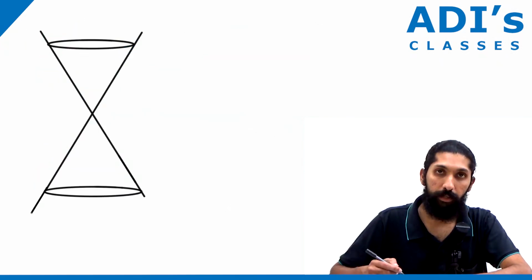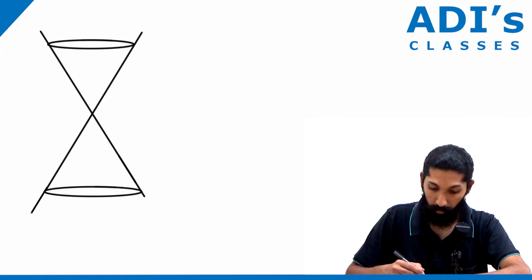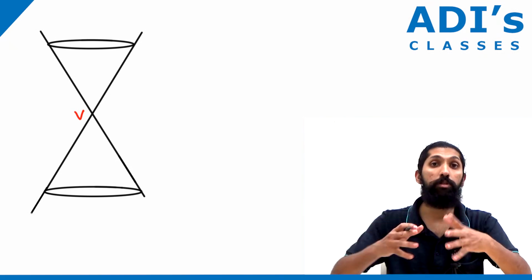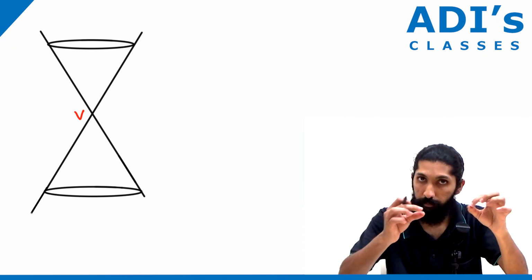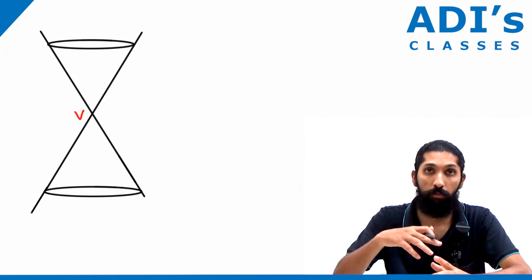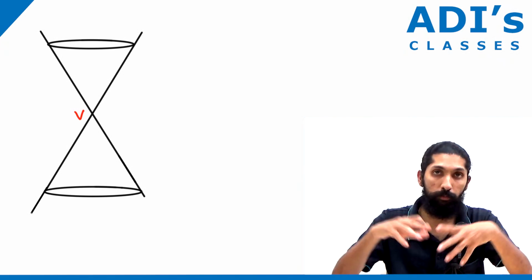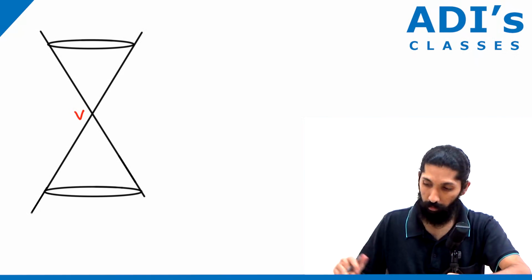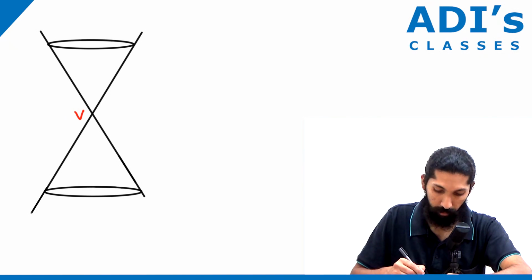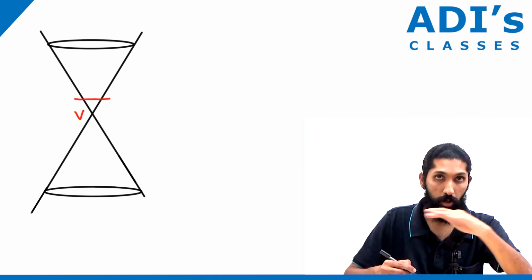We have a cone, correct? The vertex of the cone is V, isn't it? Here the lines can extend. Only a part of the cone is what we are looking at, and again, the cone can extend to however small or however big it can. Now, first, assume that you're going to cut it horizontally.